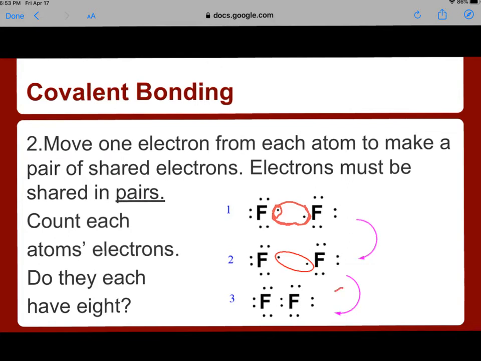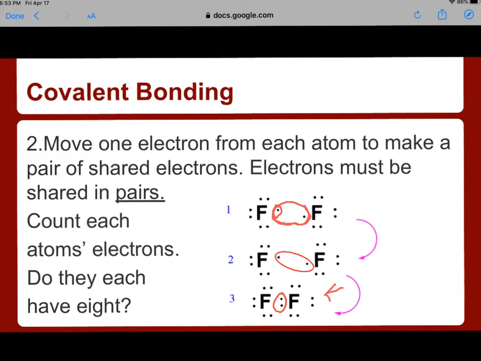In this drawing, these 2 electrons between the 2 fluorines are shared. They belong to both fluorines, so they count for both fluorines' total electrons. And remember, they all want 8.